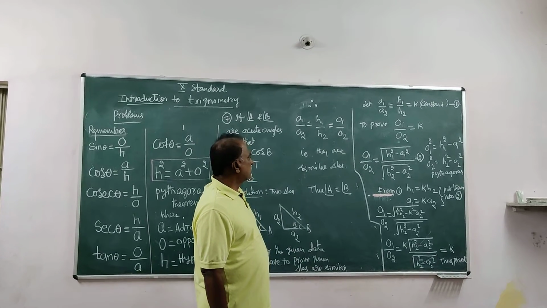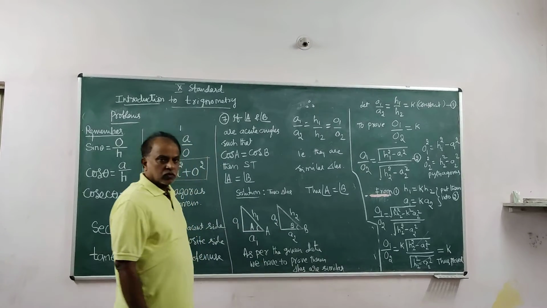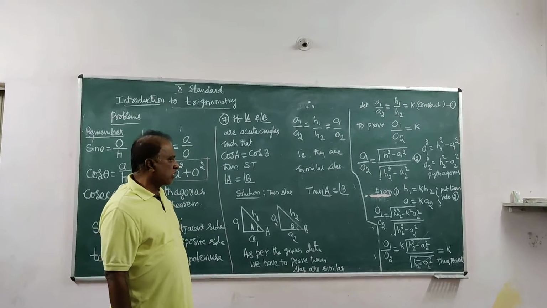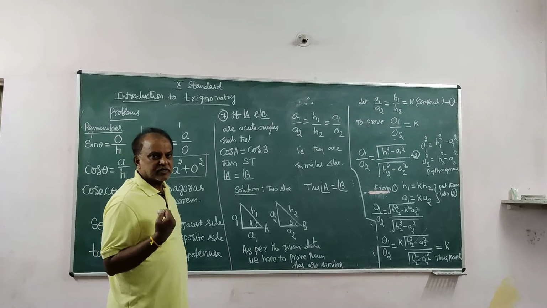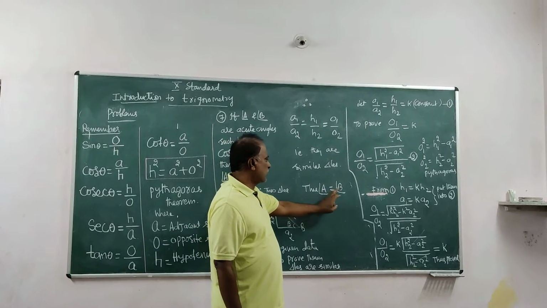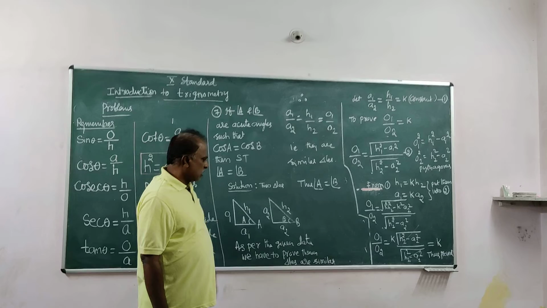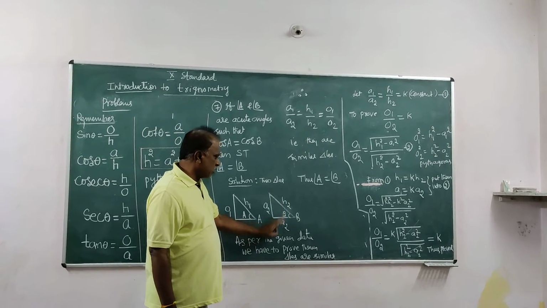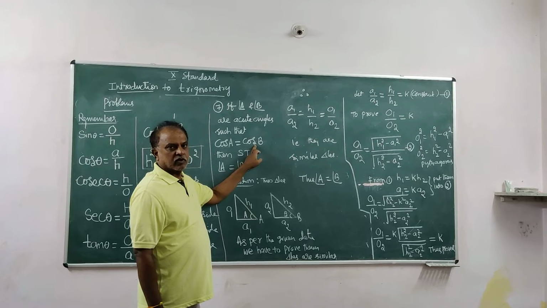If that is the case, these two triangles are similar triangles. Then their corresponding angles must be the same. Thus, angle A equals angle B. Angle A of this triangle equals angle B of this triangle if cos A equals cos B for this trigonometric ratio.